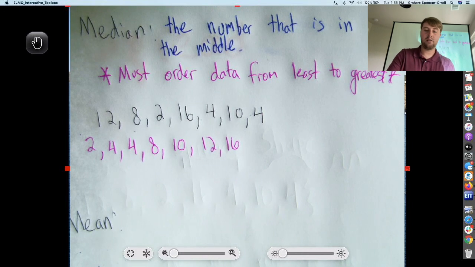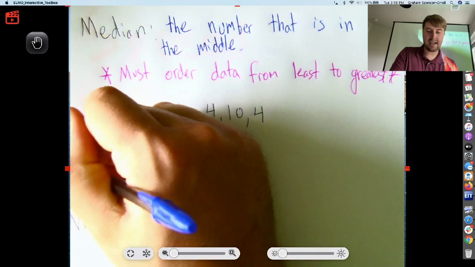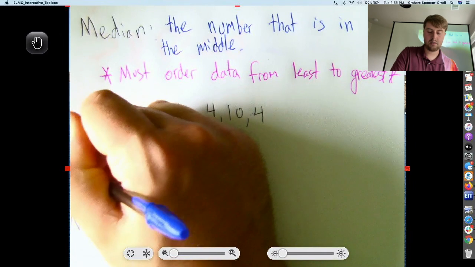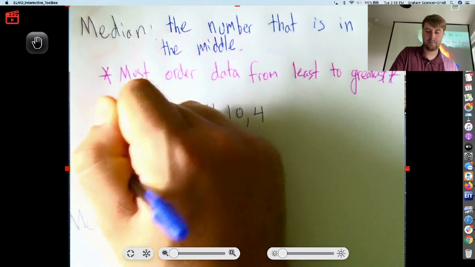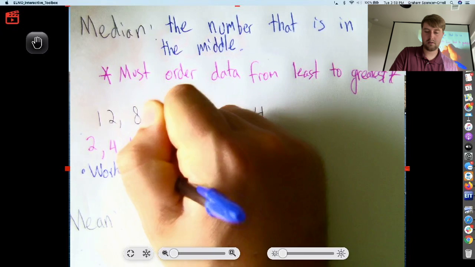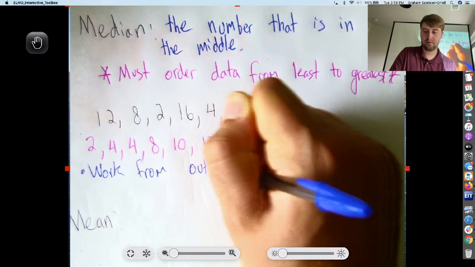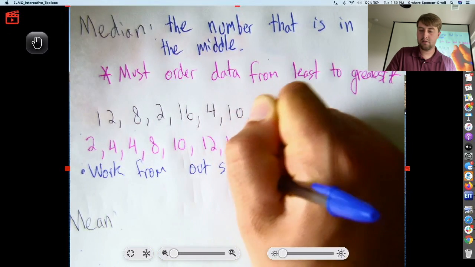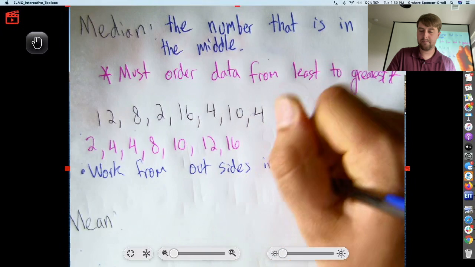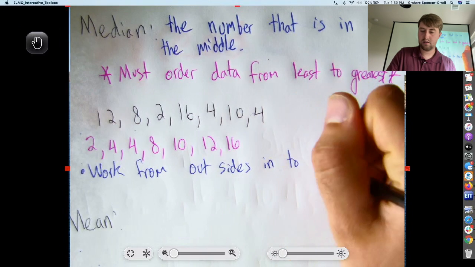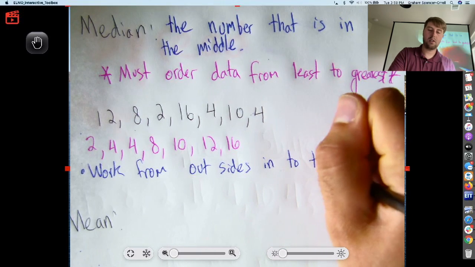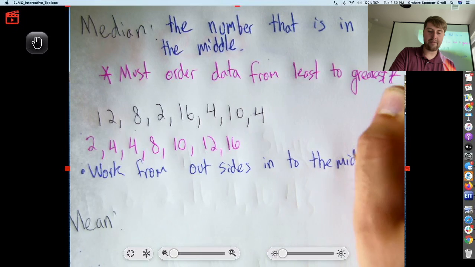Then you can either work from the outsides in to the middle, or find the halfway point.